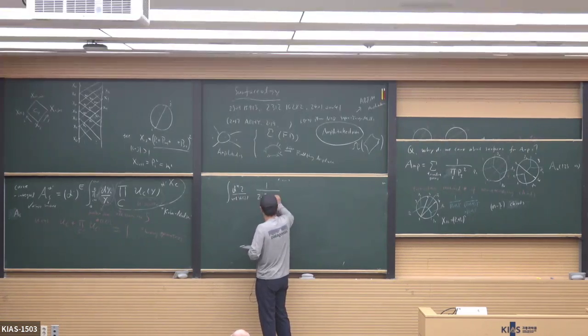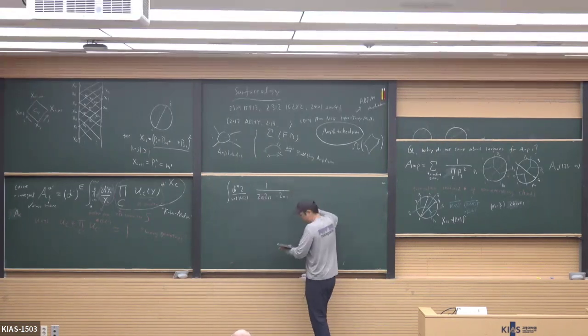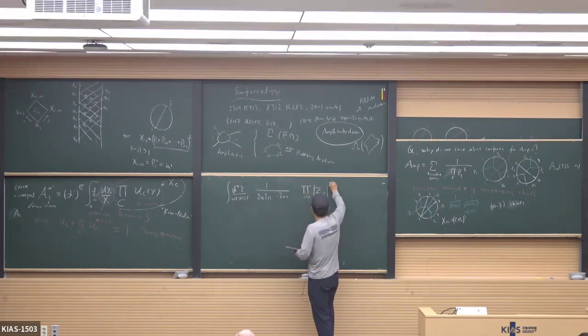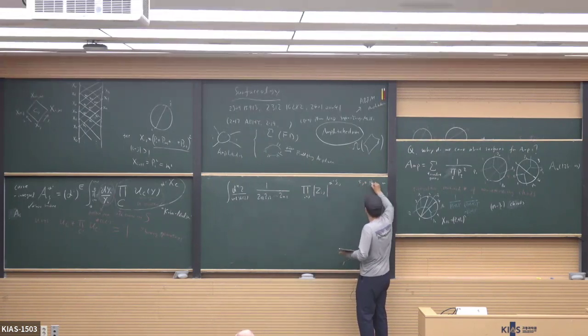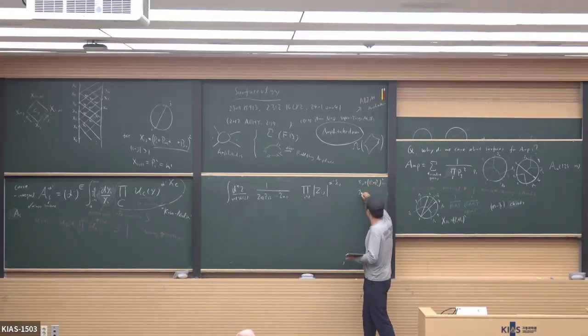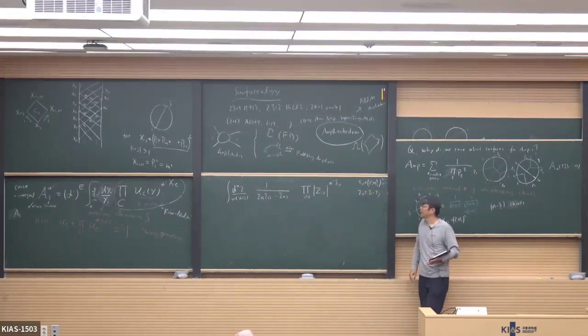Z12, Z23, all the way to Zn1, and the product over all ij of Zij raised to the power alpha prime Sij, where Sij are the Mandelstam variables, and Zij is just Zi minus Zj.